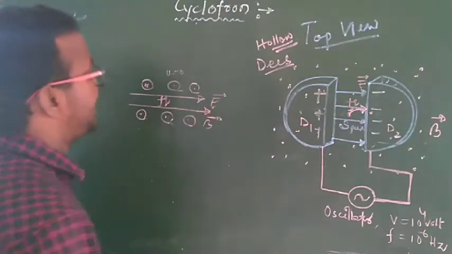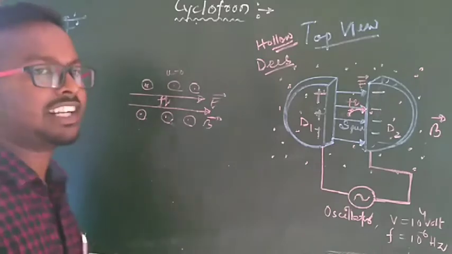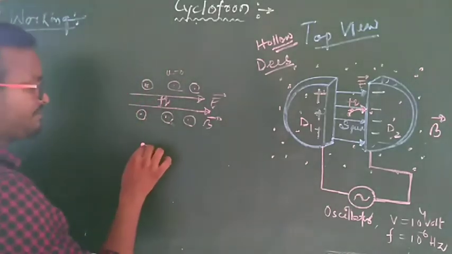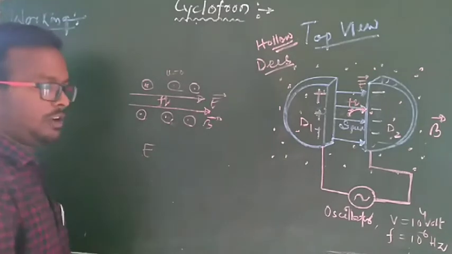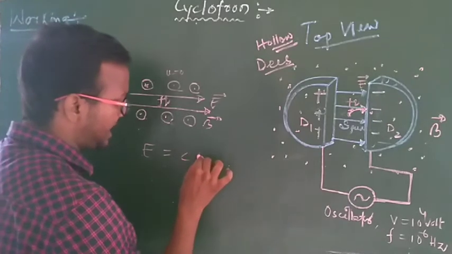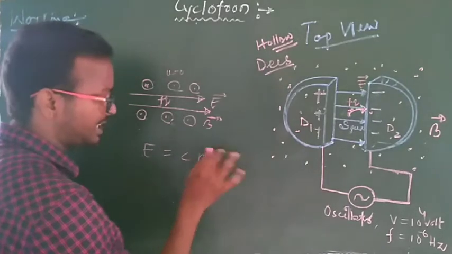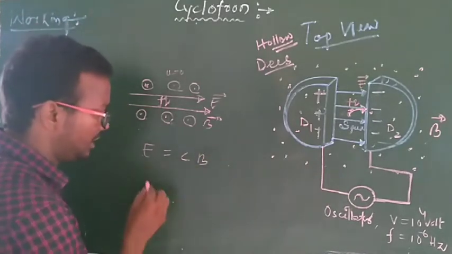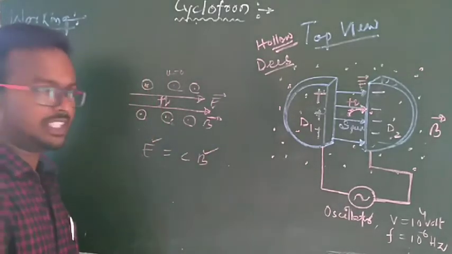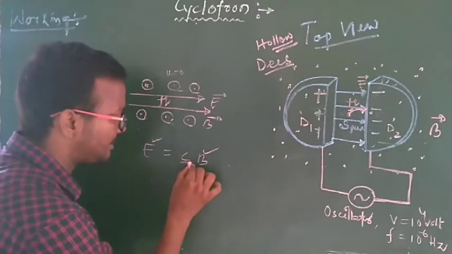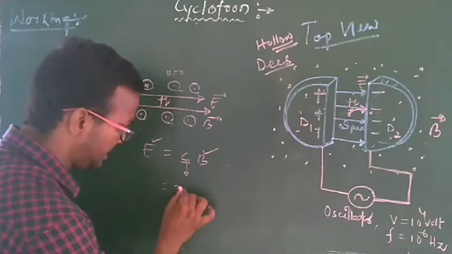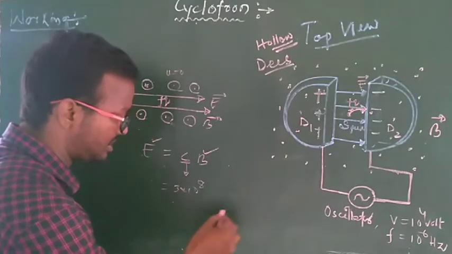In an upcoming chapter we will discuss electromagnetic waves. There we discuss that the magnitude of the electric field is equal to c times the magnetic field. Clear? What is c? The electric field is greater than the magnetic field by a factor of c, and c is known as the speed of light, which is equal to 3 into 10 to the power 8 meters per second.